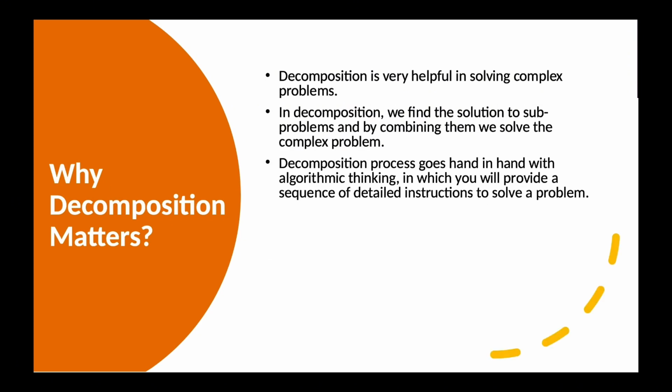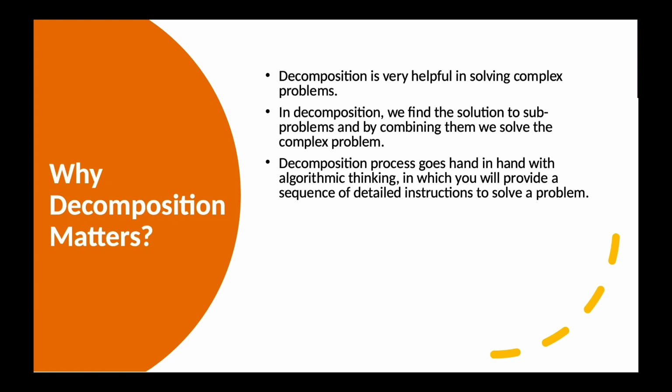Now, the third reason why we value decomposition is that the decomposition process goes hand in hand with what? Algorithmic thinking, in which you provide a sequence of detailed instructions to solve a problem. Decomposition moves with what? Algorithm.